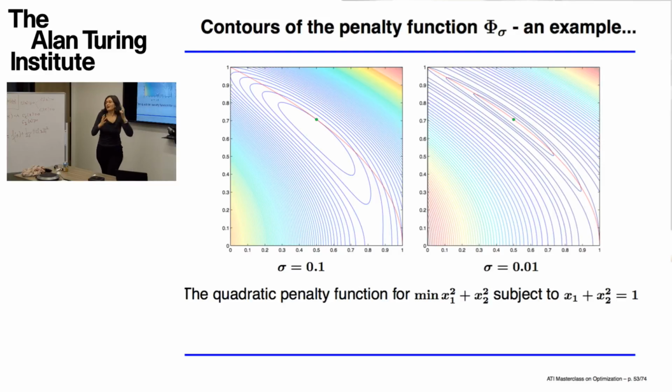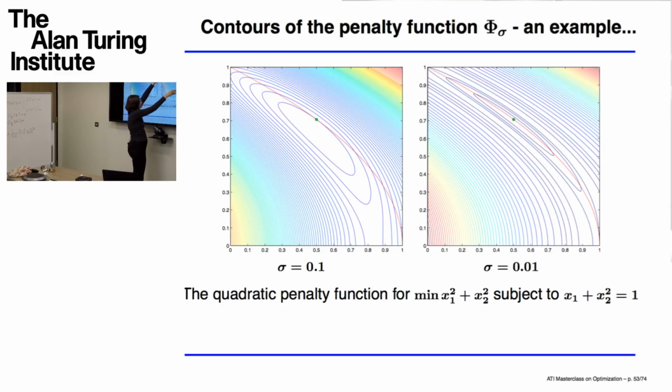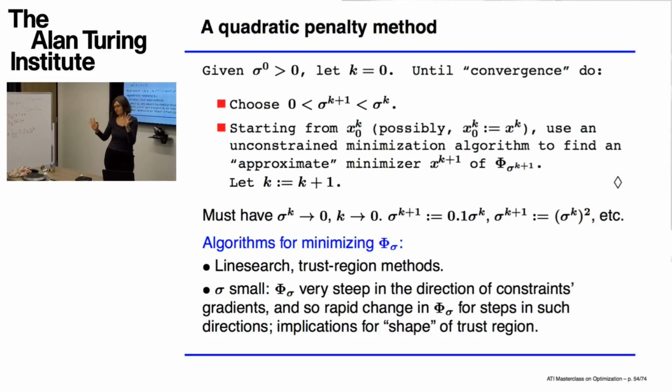In other words, essentially I'm losing on the scaling here. I'm getting a sort of poorly scaled function. And so what I need to do in my trust region is to elongate my trust region shape to counteract this effect. But this is all done work. I mean, you can find in the literature how to do this. You just scale your trust region appropriately.